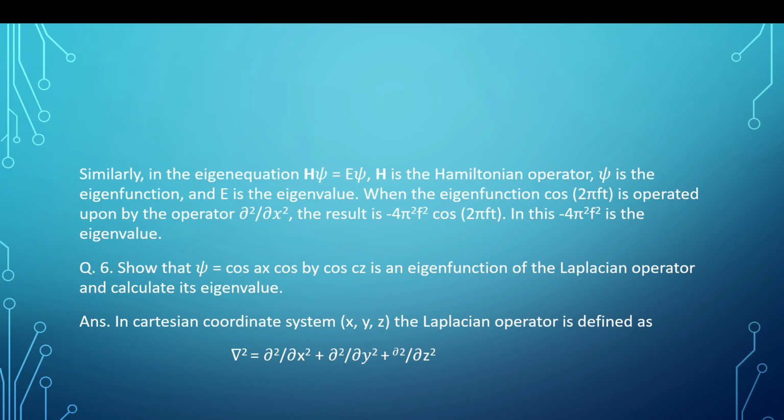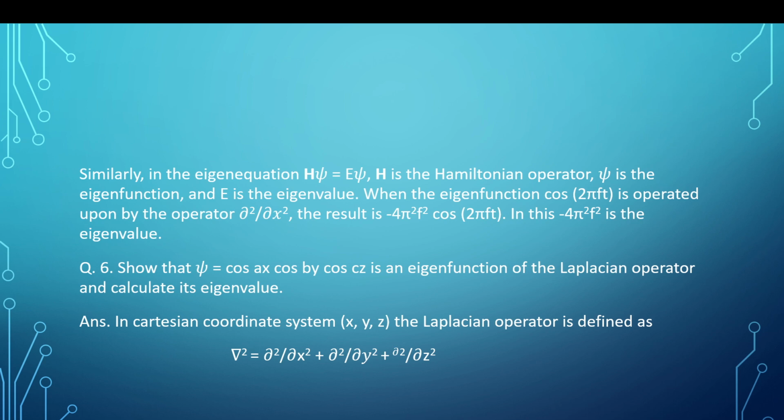Another example, suppose you have the function cos 2 pi ft. If we differentiate this twice, we get minus 4 pi square f square cos 2 pi ft. It means here the eigenvalue is minus 4 pi square f square.